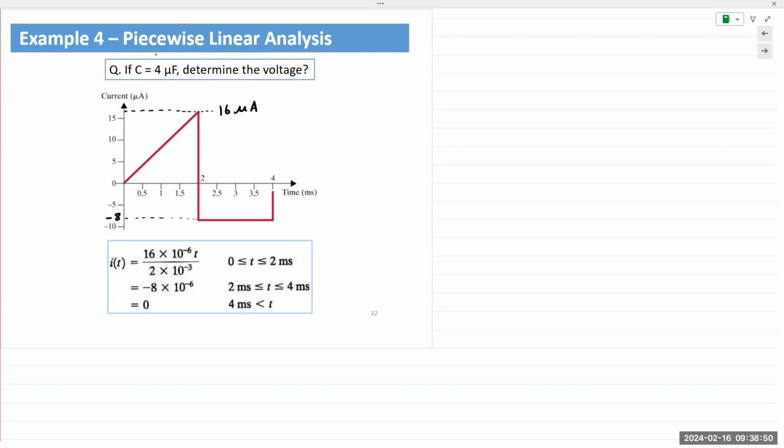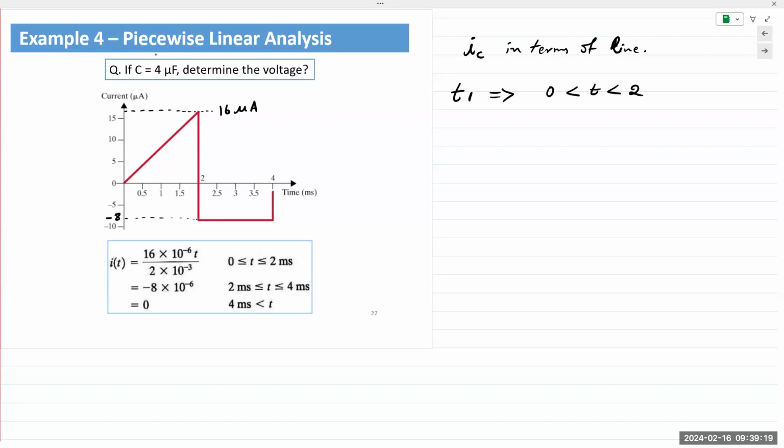So we'll use the same technique. We'll describe capacitor current IC in terms of a line. So we use the line equation to describe the capacitor current. The 2 time periods, let's see, T1 is from 0 to 2.